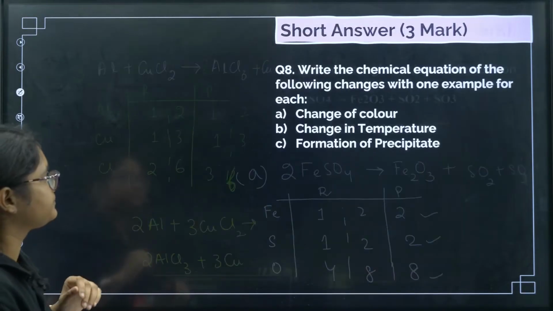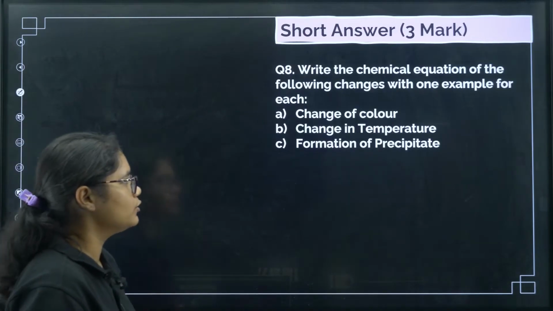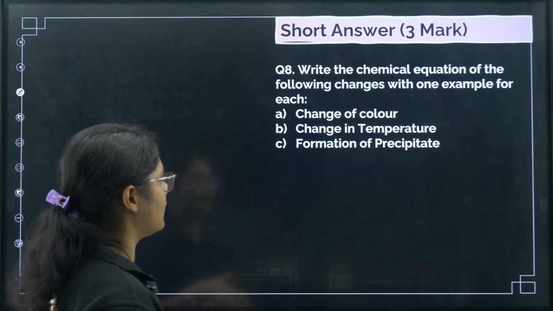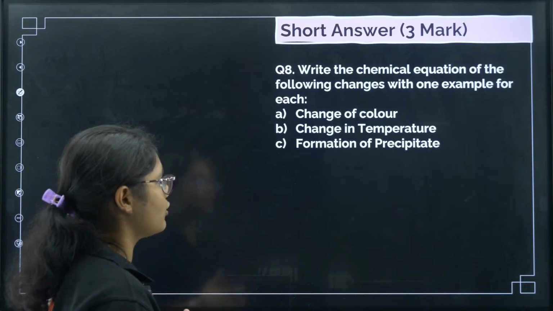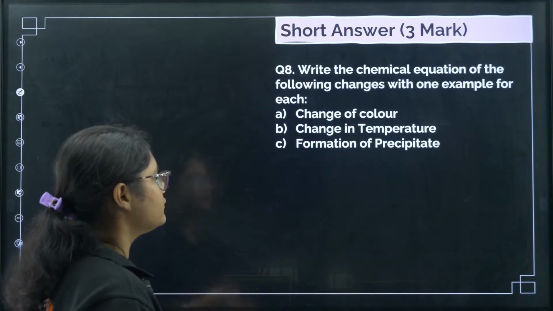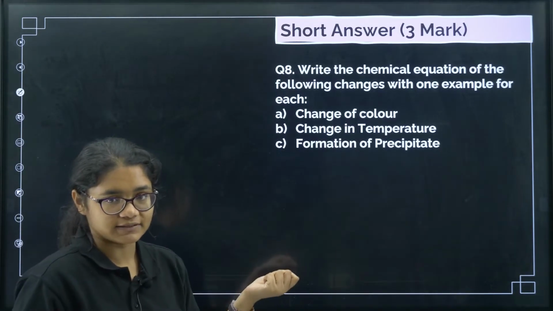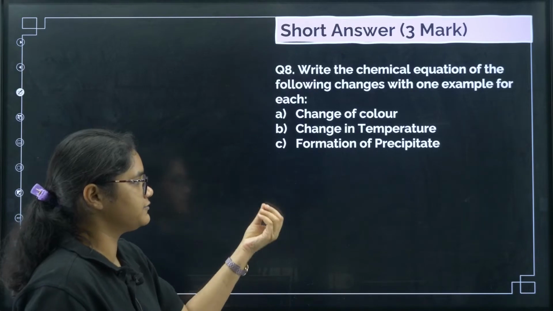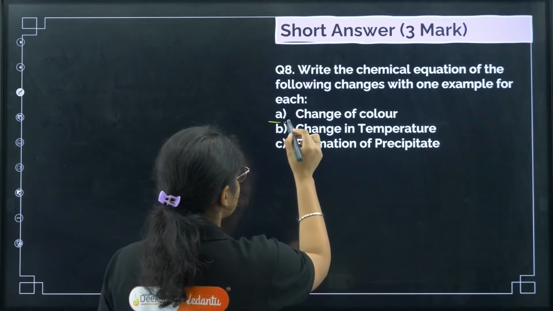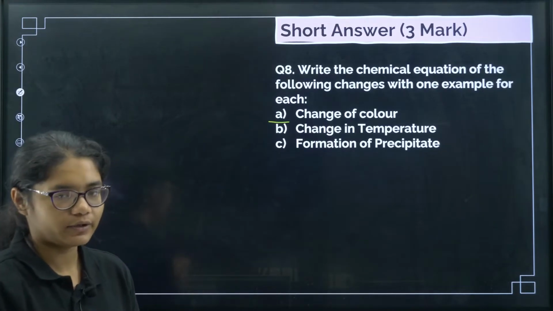Okay. Now next question, we are going to 3 markers question. Write a chemical reaction of the following changes with one example for each. So you need to give an example for each type of reaction where there is change of color, there is change of temperature, there is formation of precipitate. So first one, you can write any reaction, change of color.